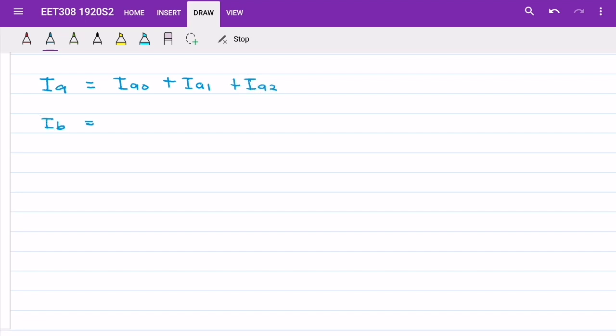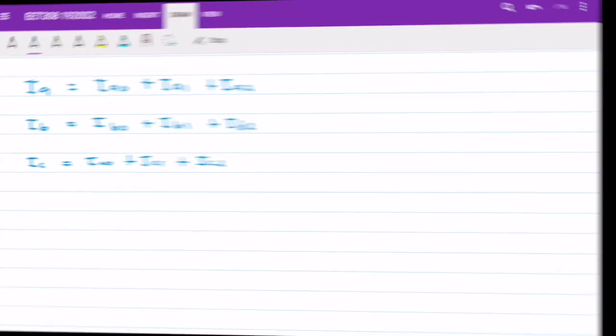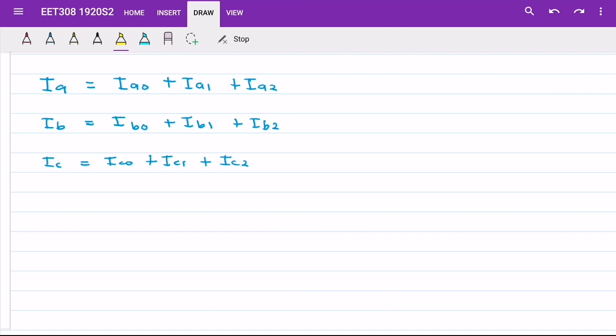For phase B, the current consists of IB0 plus IB1 plus IB2. And for phase C, the current is the summation of IC0 plus IC1 plus IC2. Based on these phase current equations, each phase IA, IB, and IC consists of a symmetrical component current for each sequence: zero sequence, positive sequence, and negative sequence.